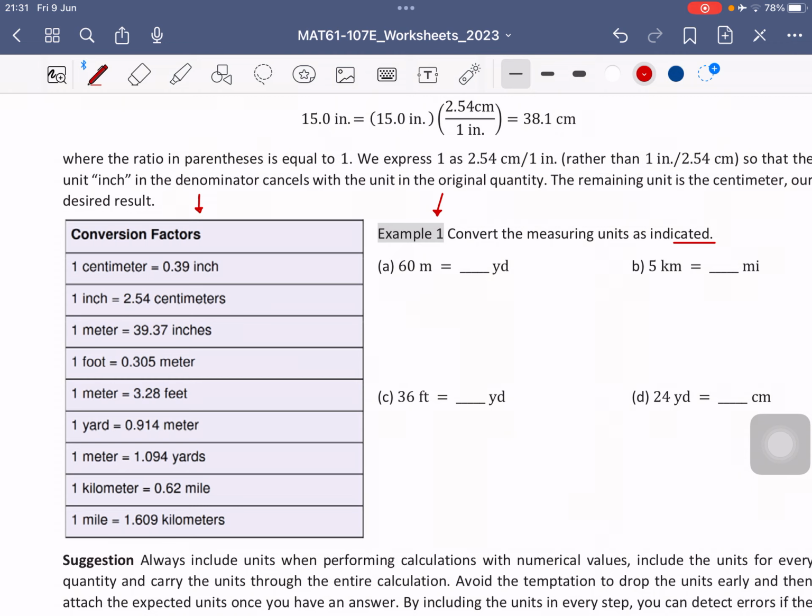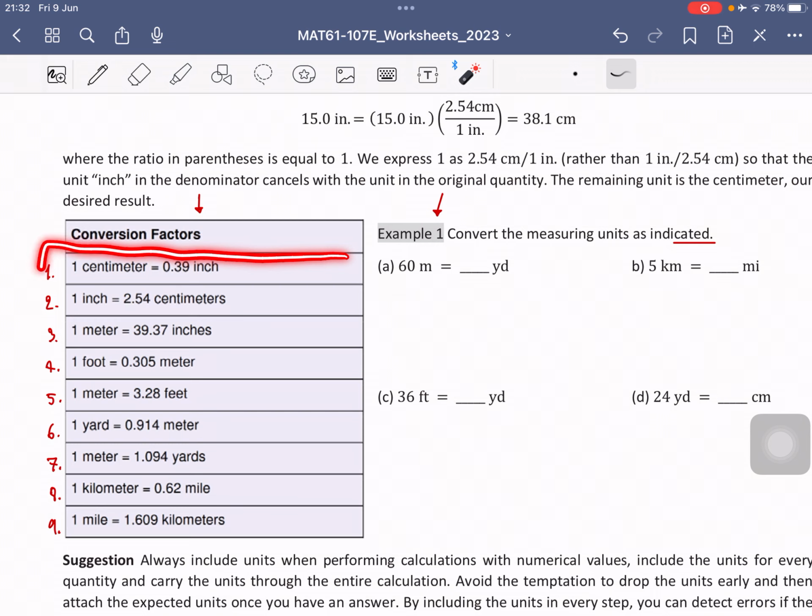I will give the numbers 1 2 3 4 5 6 7 8 and 9 to mention which line I will use. ผมจะให้ตัวเลข 1 ถึง 9 เพื่อที่เราจะอ้างอิงถึงตารางที่ให้มา.